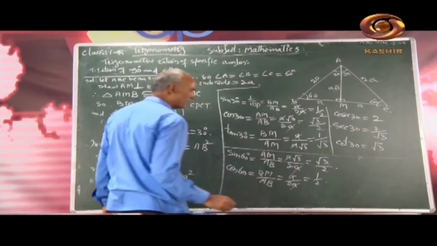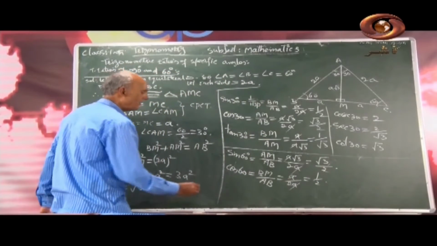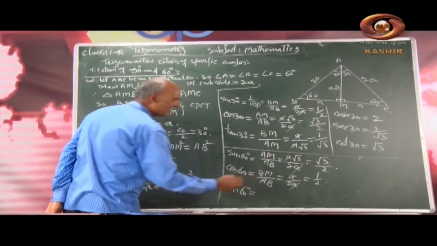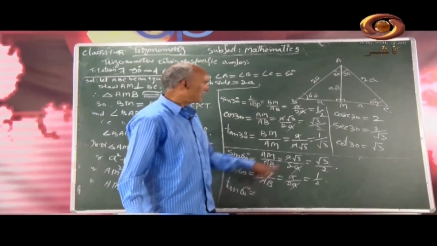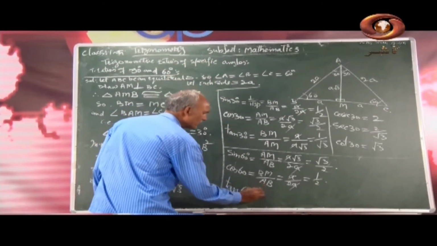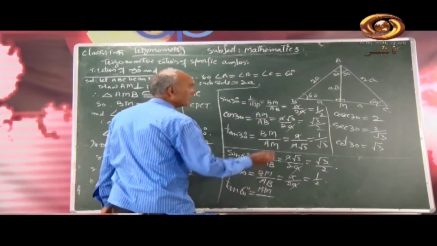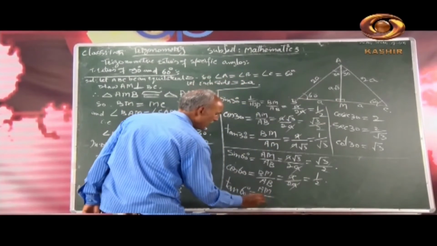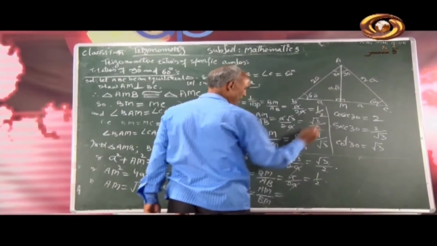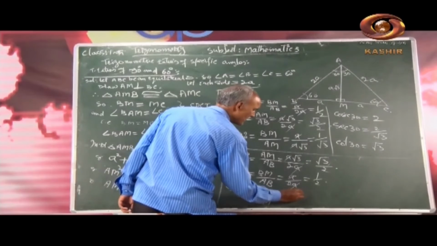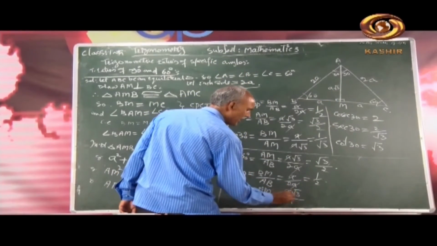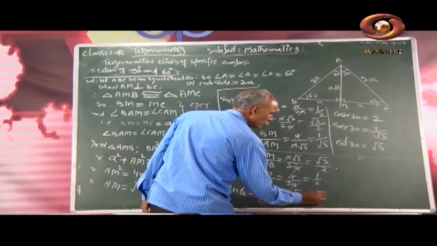So we proved that cos 60 is equal to 1 by 2, and tan 60 degree is perpendicular by base. For angle 60 degree, AM is perpendicular and this BM is base. So we can write AM as A under root 3 and BM as A. Cancel out A, it is equal to under root 3.